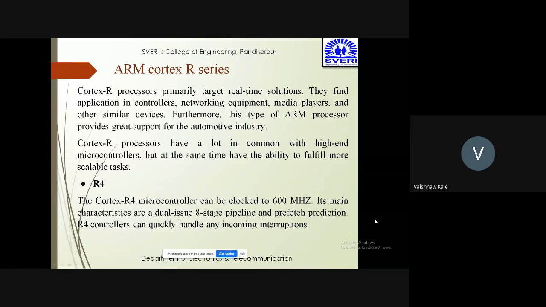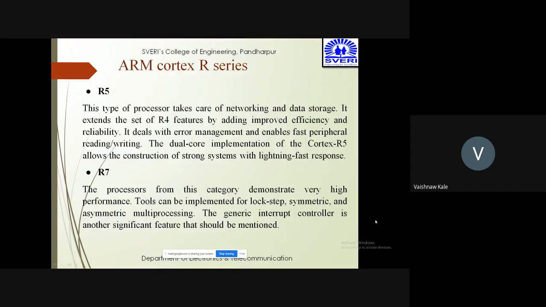Then the first in the series is the R4 series, which is clocked at 600 megahertz. The main characteristics are the dual issue 8-stage pipeline and prefetch prediction. R4 controllers can quickly handle any incoming interruptions. R5 takes care of networking and data storage. It extends the set of R4 features by adding improved efficiency and reliability.